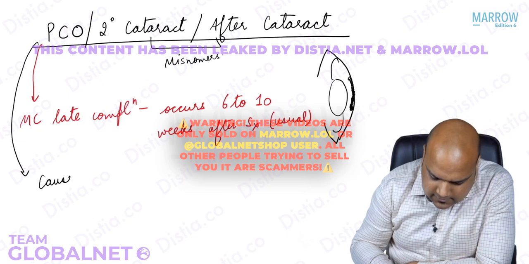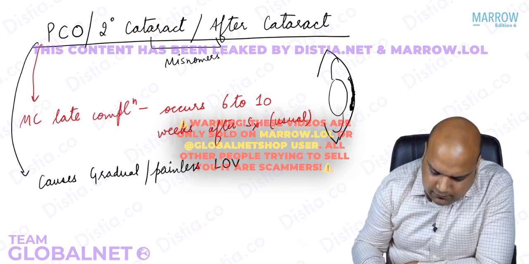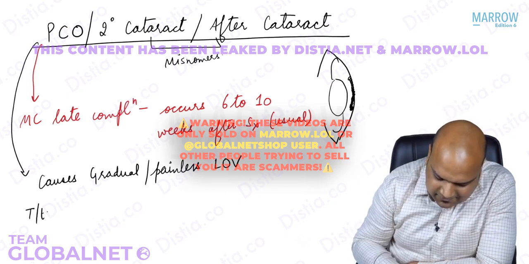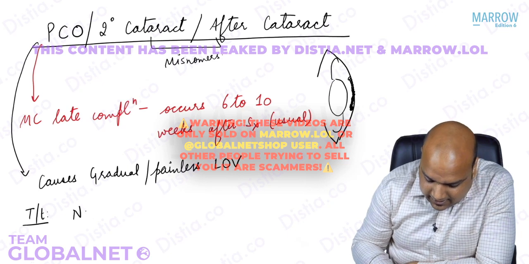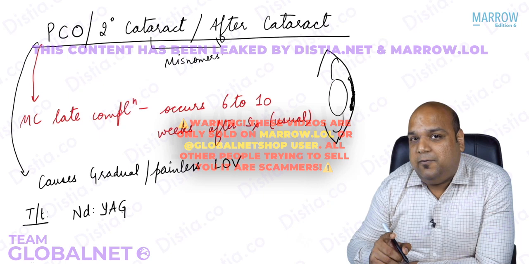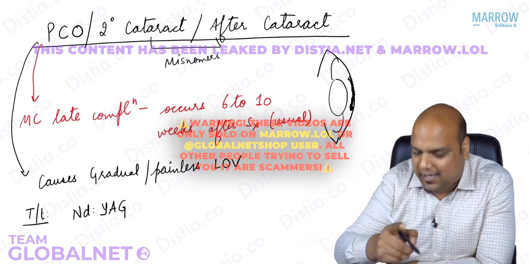It causes gradual, painless loss of vision. Okay. What is the treatment? The treatment is ND YAG. That is the difference now here, everybody. It is not ND glass, ND YAG.